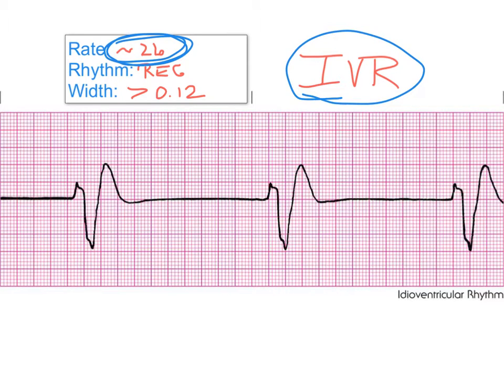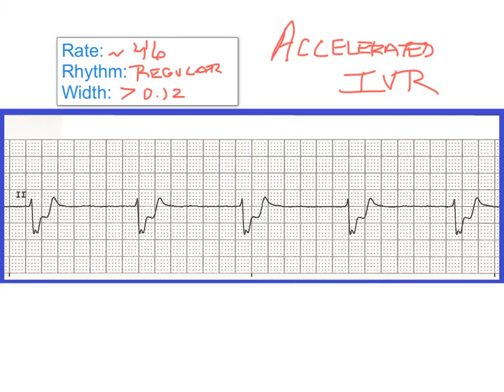I know it sounds strange because we have that 40 to 60 process in there also, but anything technically above 40 is considered accelerated IVR. But again, look at the width. Please make sure you look at the width that you're dealing with, and you still need the rate and all, and this is what idioventricular looks like.